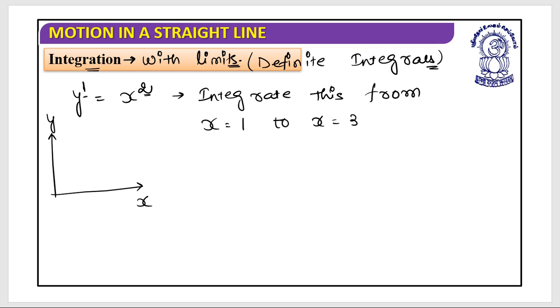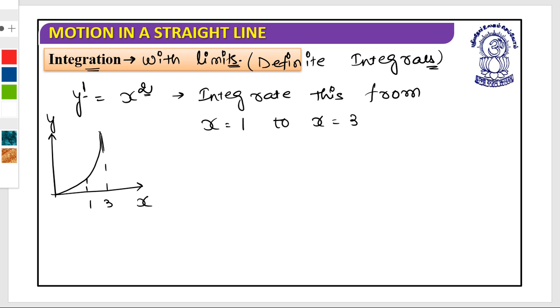Now, while drawing a curvature, whom will you protect for this graph? Y has a power of 1, x has a power of 2, and we protect those who have the lesser power. In this case, it's y, so the graph should look like this. Now let's say this is x equals 1 and this is x equals 3.